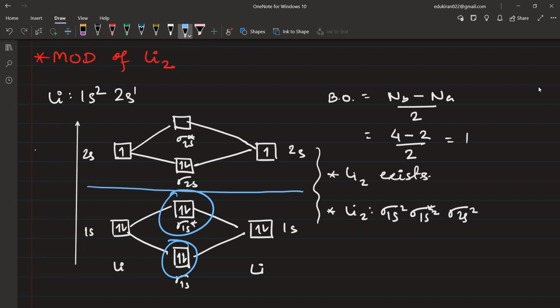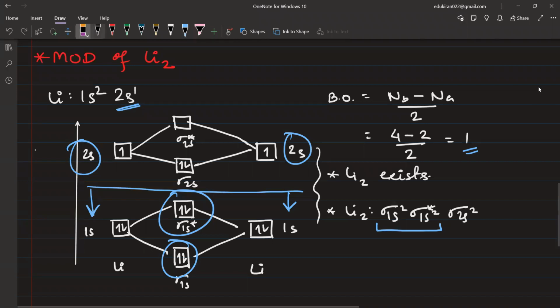That means even if I don't take this part and I only take the valence shell and draw the molecular orbital diagram, then also I will be getting the bond order 1. Yes or no? And this will be as it is. Correct, guys? Yes or no? ठीक है. Okay.